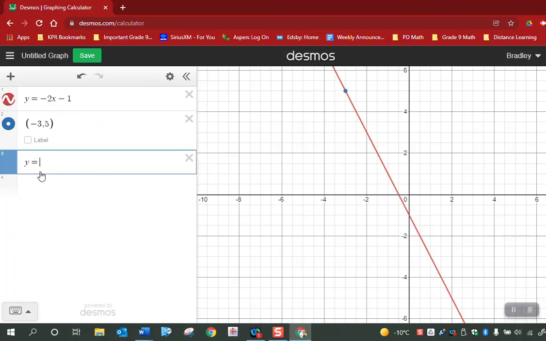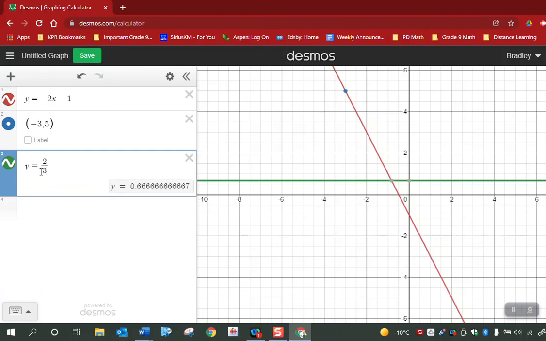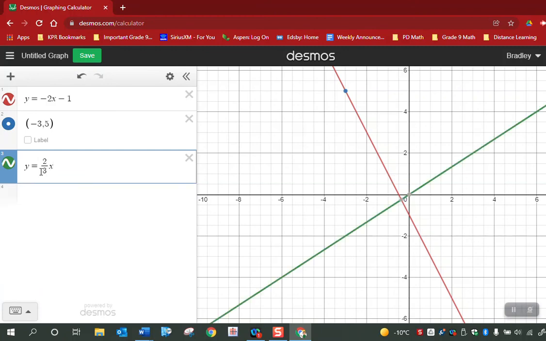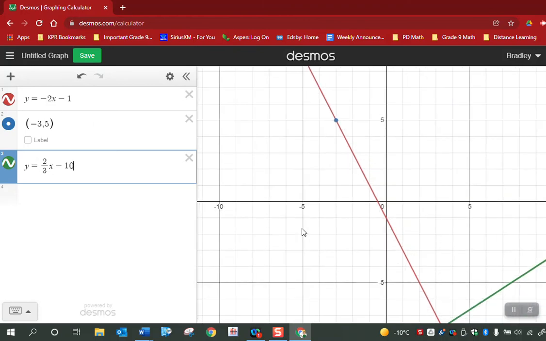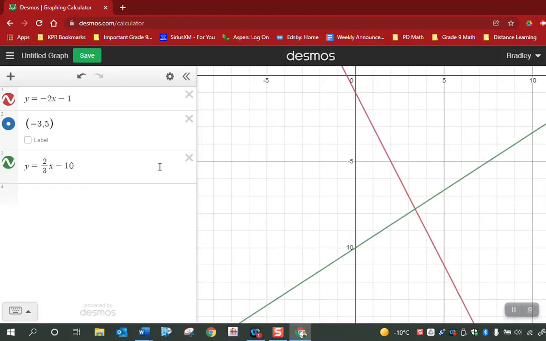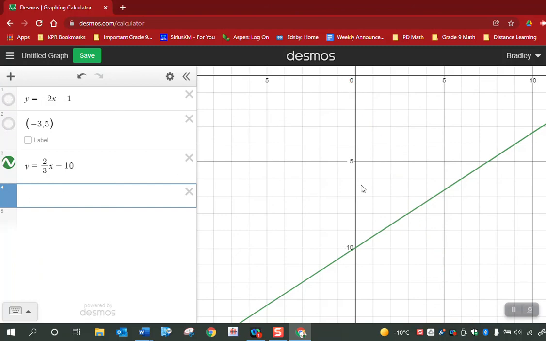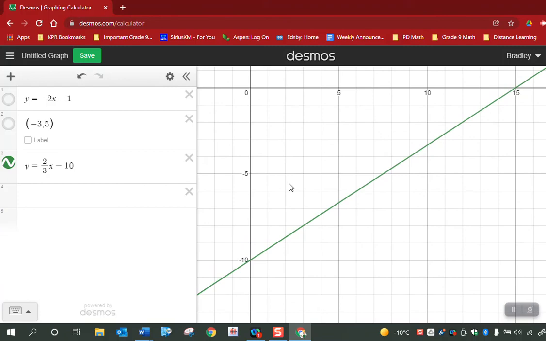Here is the other one, y equals 2/3 x minus 10. We can zoom in on this a little bit. Let's get rid of that point and that line. The green line is y equals 2/3 x minus 10, and we had a point of (9, -4).